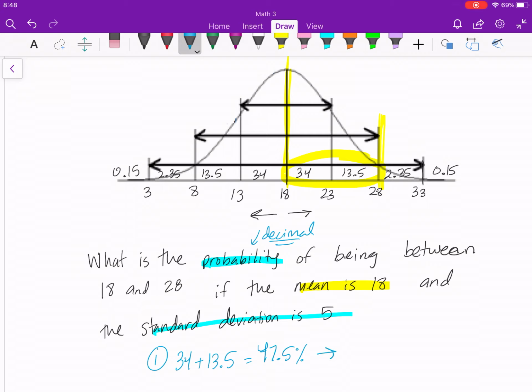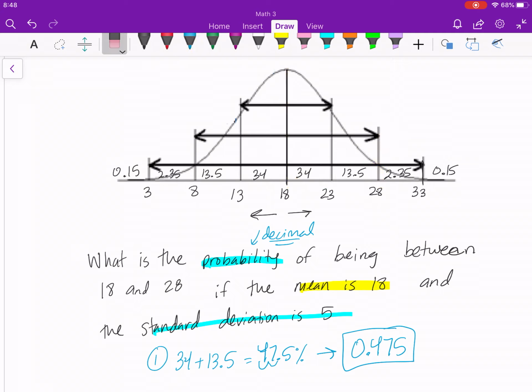So we're going to make note of it right now. Don't forget, since this is probability, you need to make sure you put it as a decimal. So 0.475. And I'm almost positive I forgot to do that on the last one. So just make sure you do it on the last one.